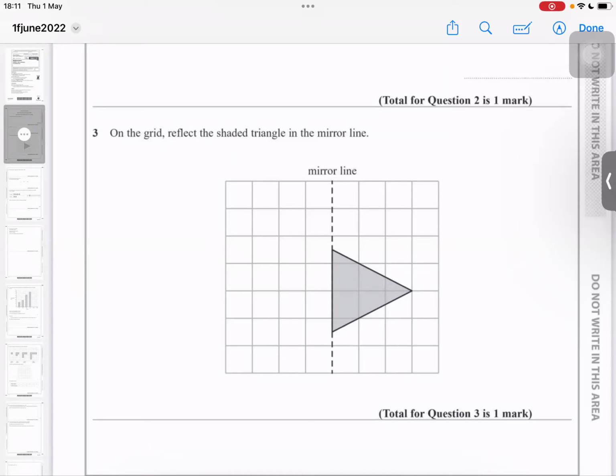Inverted. So it's simply going to be this triangle on the other side. They will share the same base, but the top of the triangle will be pointing towards the left hand side.